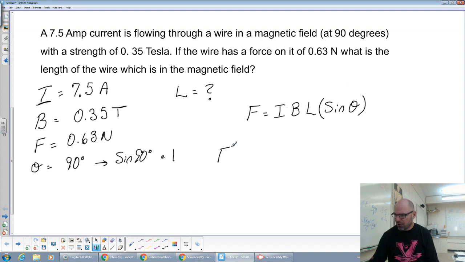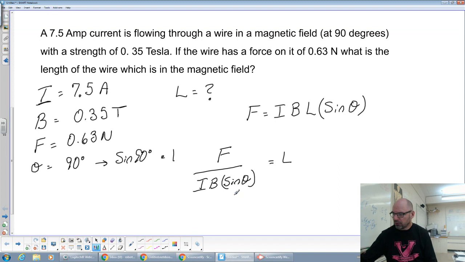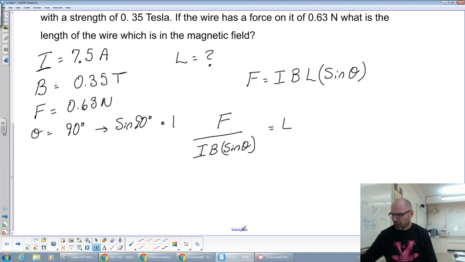So we want F over I B sine theta to come out, and that's going to give us L. Okay, if we rearrange it a little bit, then we can plug our numbers in and calculate what we would have for our results.